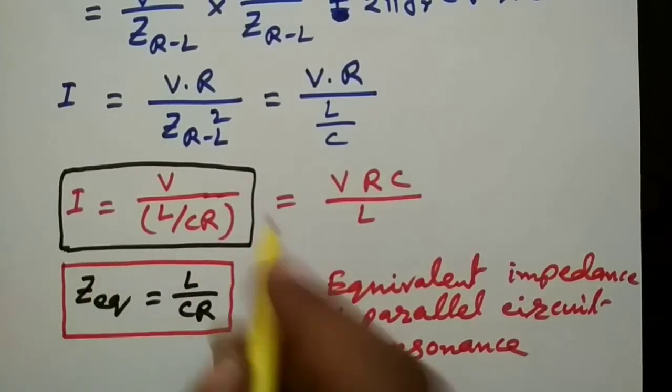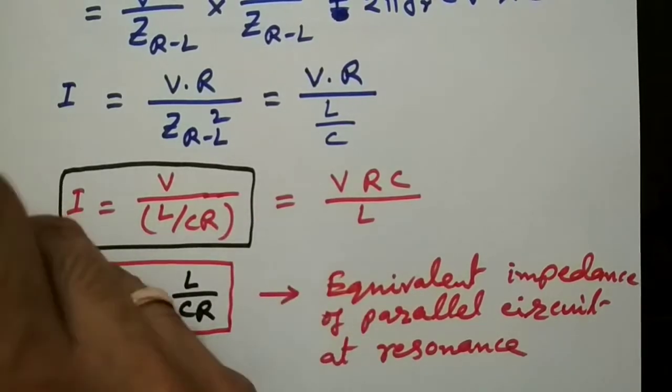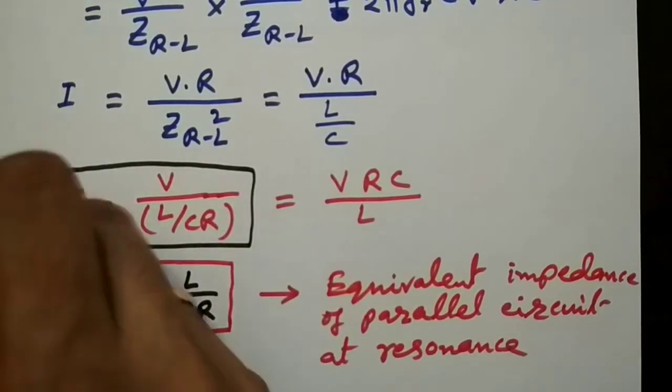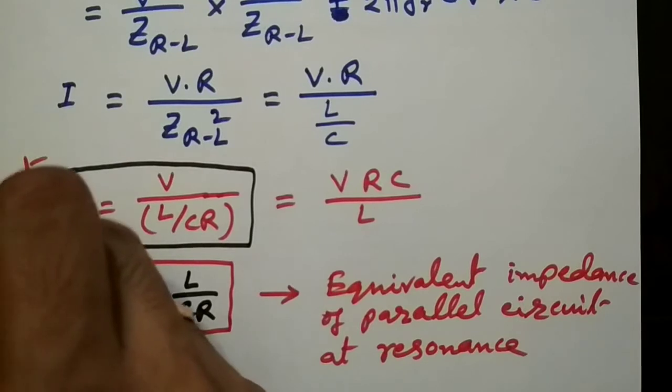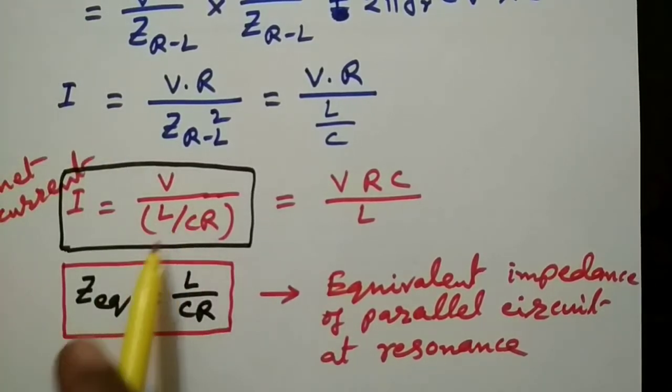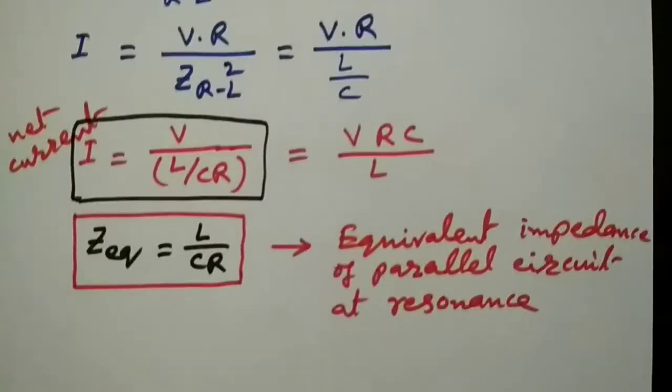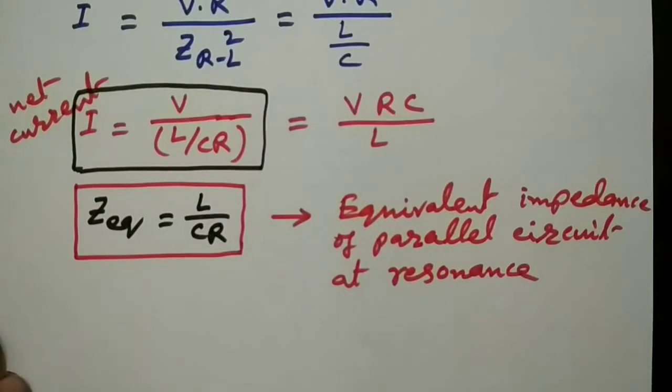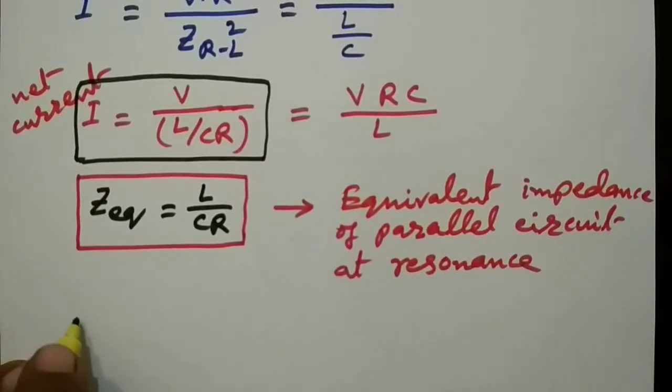And this is the net current of the circuit. Net current of the circuit, that is I equal to V upon Z equivalent. So we can write it once again.